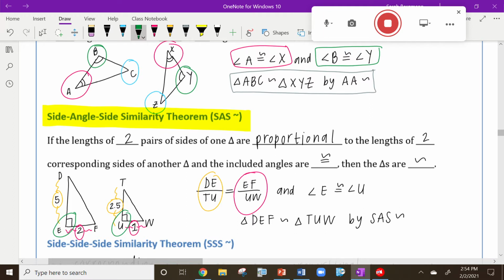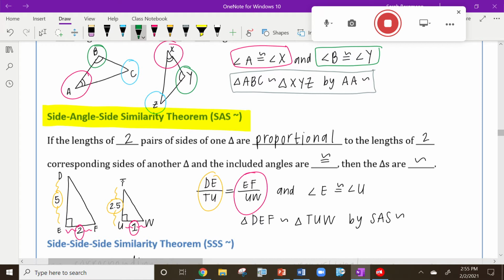The lengths this time are not congruent. However, they are the same ratio. They're proportional. So the lengths of two pairs of sides of one triangle are proportional to the lengths of two corresponding sides of another triangle, and the included angle, remember that's the angle between the two sides, are congruent. Then the triangles have to be similar by side angle side.